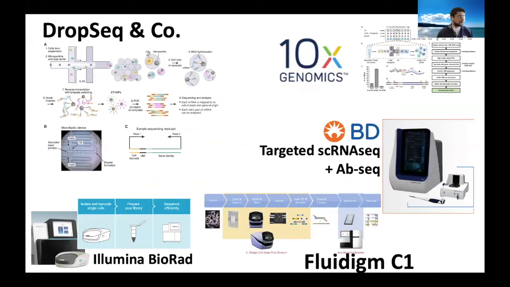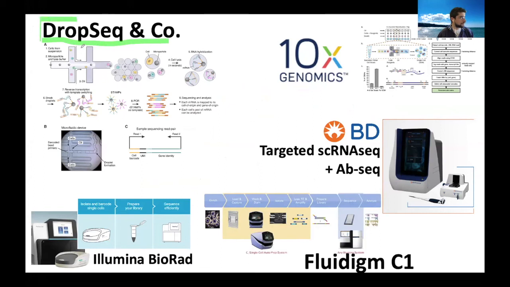So here, the previous approaches, some of them were also available for single cell, but some others were only for low input. For single cell sequencing, there are different approaches. The first one that was developed as a high throughput approach was the so-called DropSeq.